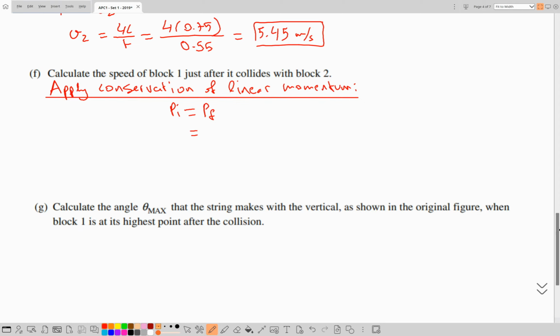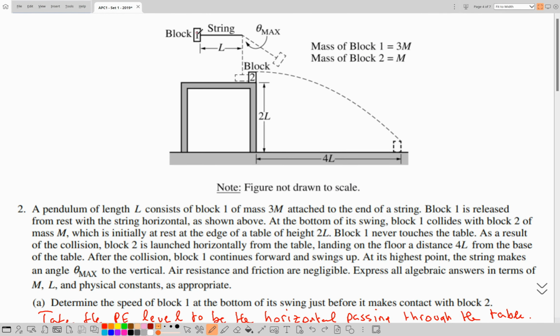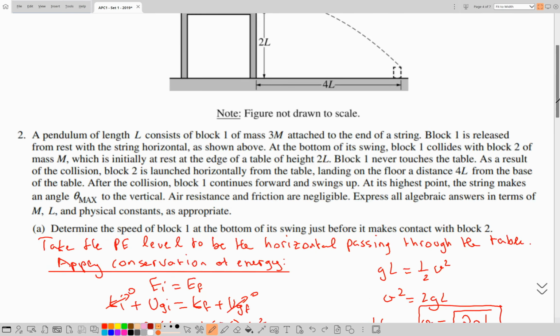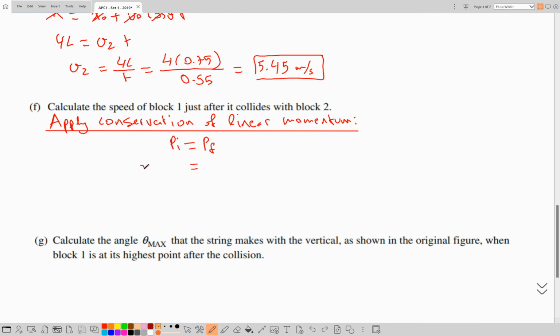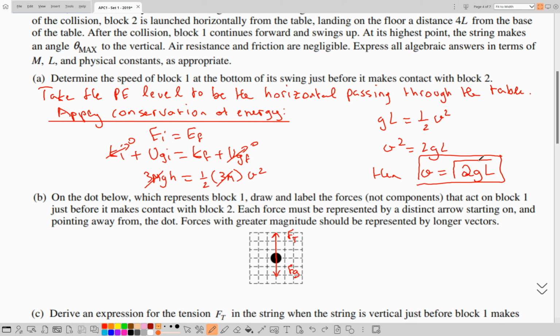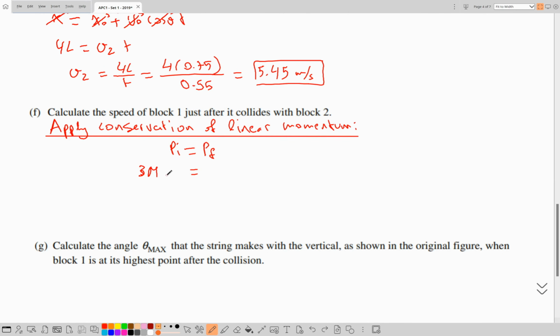Now initially, before the collision happens, the only one between blocks 1 and 2 that has momentum is block 1, and it's given by its mass, which is 3m, multiplied by the speed that we have determined in part A, which is radical 2gL. So I would name it v. Now we're interested in determining the final linear momentum of the system that consists of the motion of block 1 and block 2. So block 1 of mass 3m, and both of them are pointing in the positive direction, multiplied by v1 final that we want to determine, plus the mass of block 2 multiplied by the speed v2 that we have determined in this part.